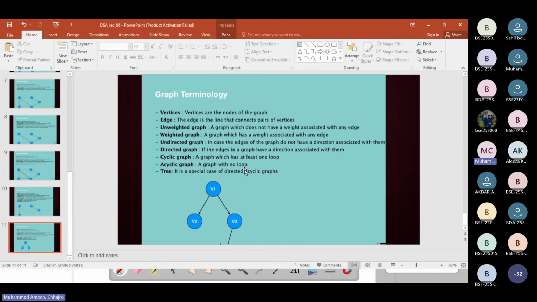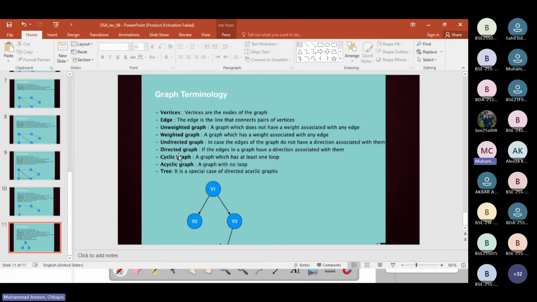Vertices, what is a vertex in the graph? Edges in the graph. Then you must know the types of the graph: unweighted graph, weighted graph, undirected graph, directed graph, cyclic graph, acyclic graph. So six categories of the graph data structure with example.